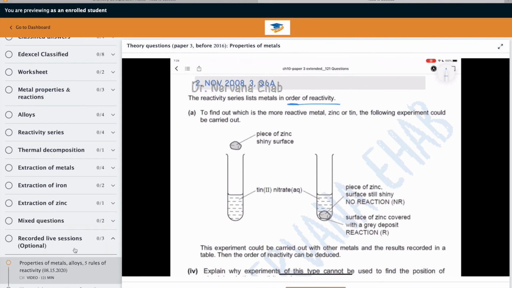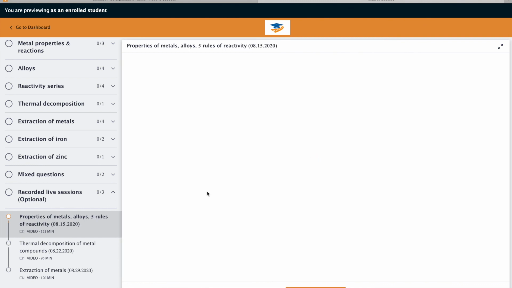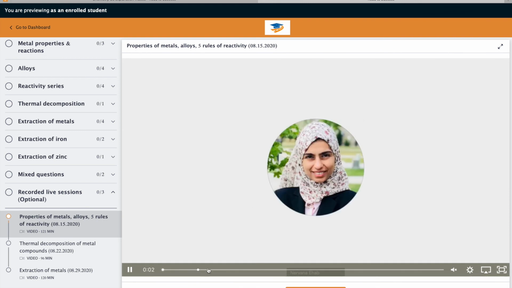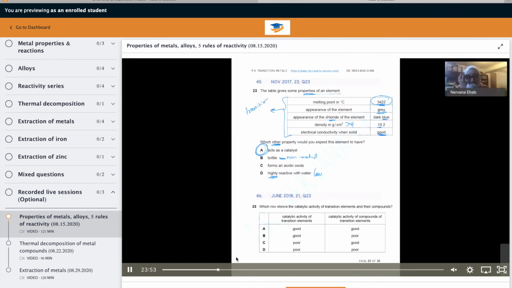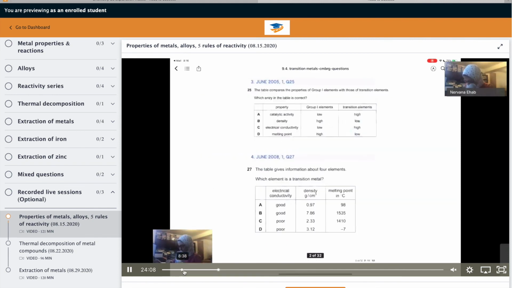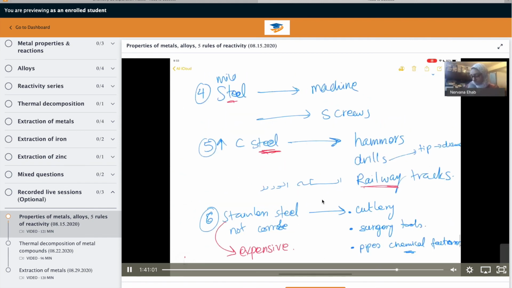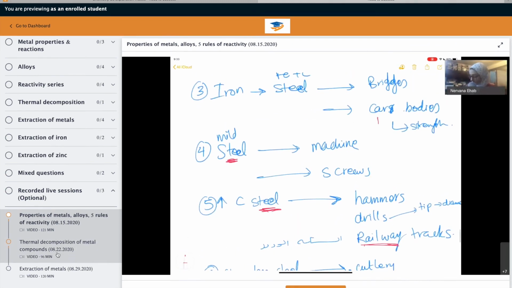And the cool thing is that when you buy those individual chapters, you have access to the live sessions. So you're going to actually see me teaching live. Here I am on the right side, teaching a class, both the content explanation and explaining the difficult questions to students. So I think that's pretty cool.